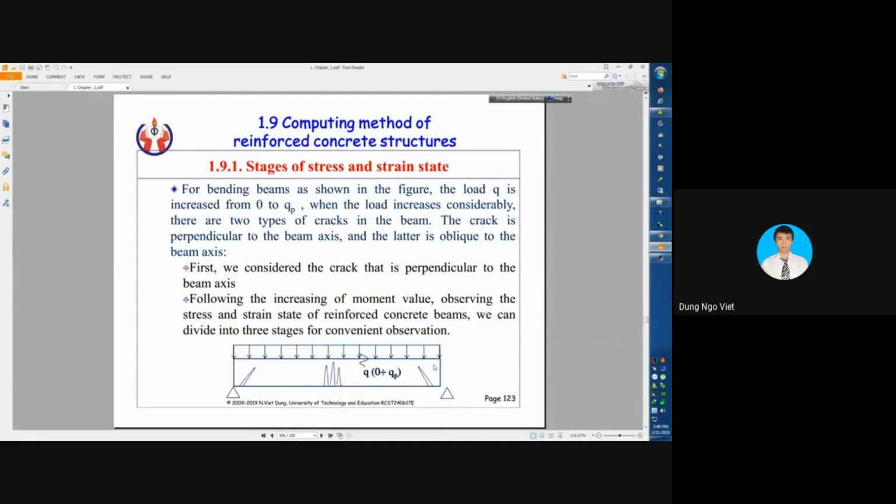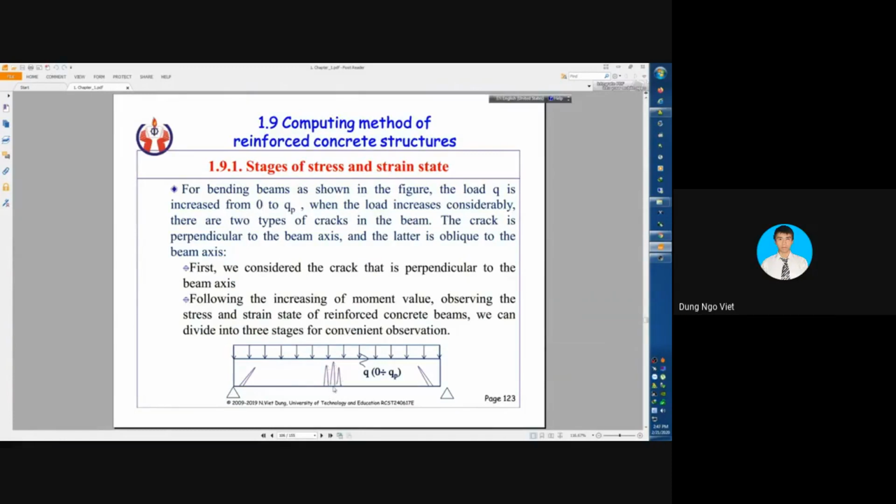For example, here we have a simple beam, and this bending beam is shown in the figure, and the load Q is increased from 0 to Qp. And when the load increases considerably, there are two types of cracks in the beam. The first type of crack is perpendicular to the beam axis.